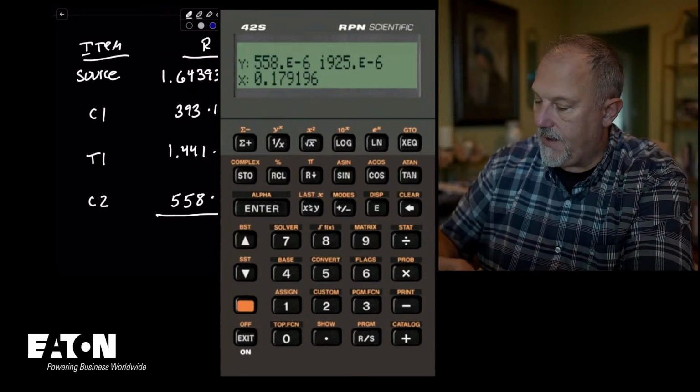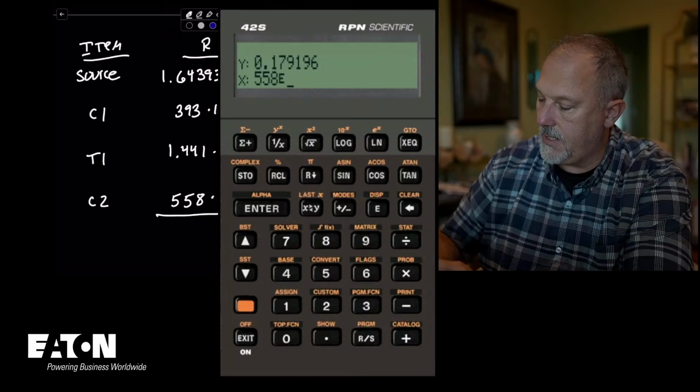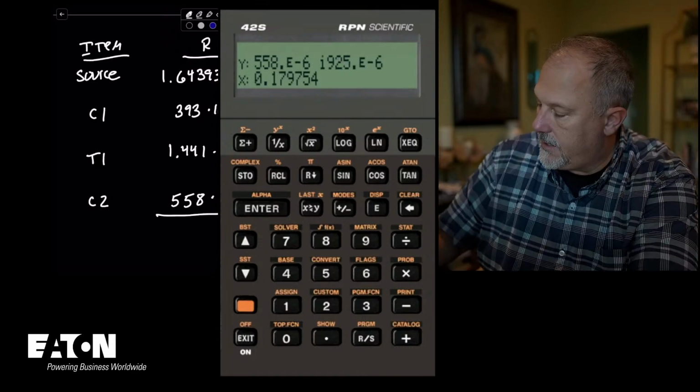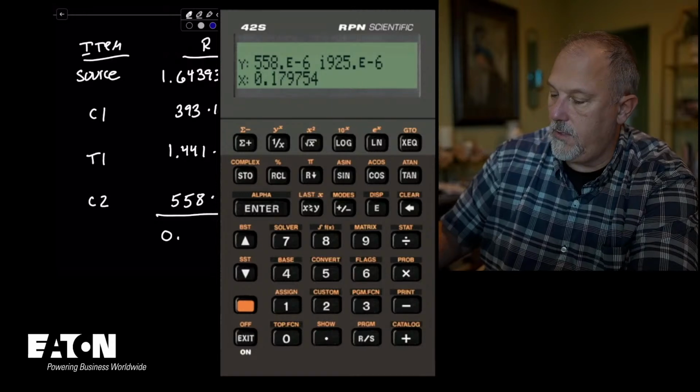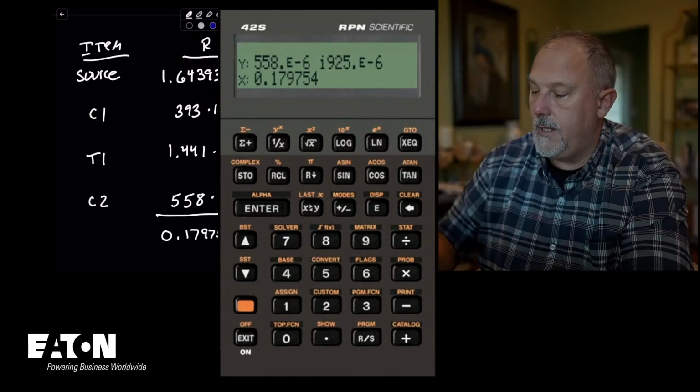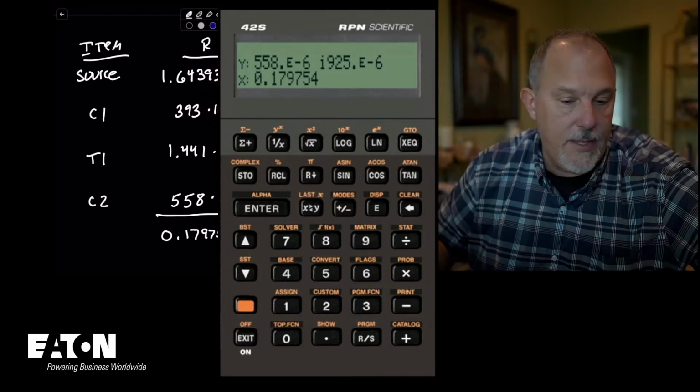Plus 558 times 10 to the negative 6. Plus, this comes out to 0.179754. Let's add the X's.